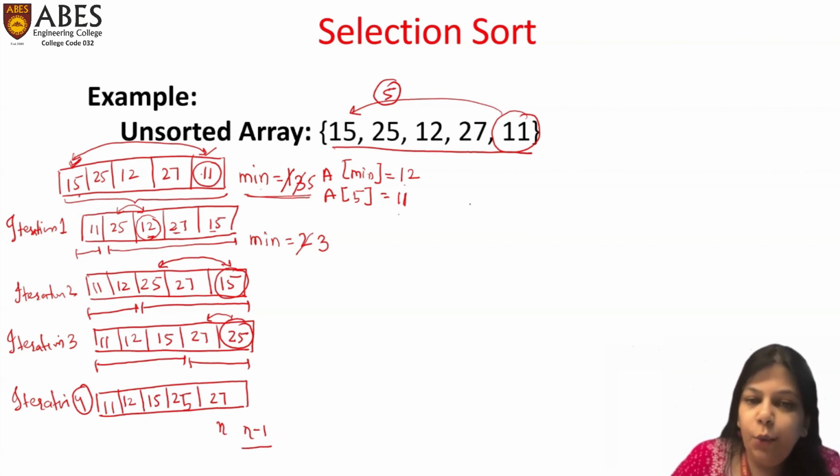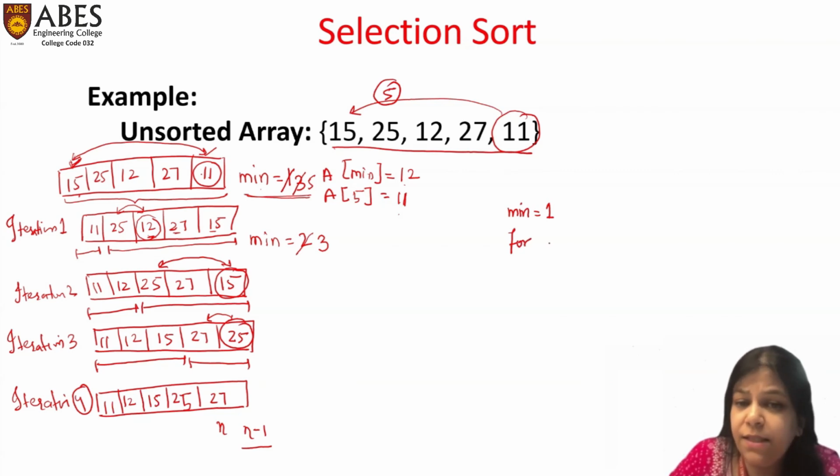Now let us try to make the algorithm for what we have just seen. We can see that for the first iteration, we have taken a variable minimum that was storing the first index, that was 1. And then it was compared with the rest of the elements.